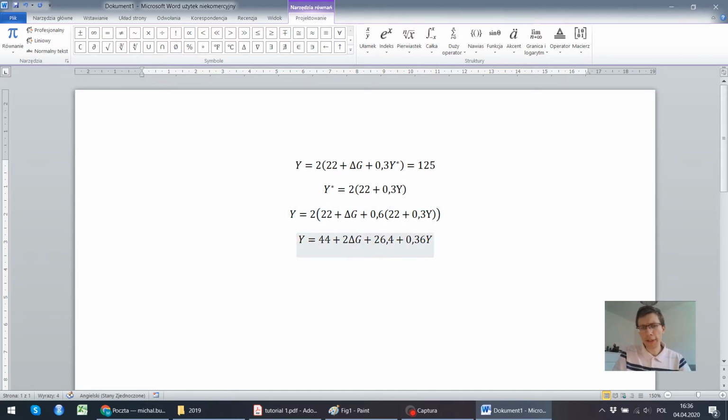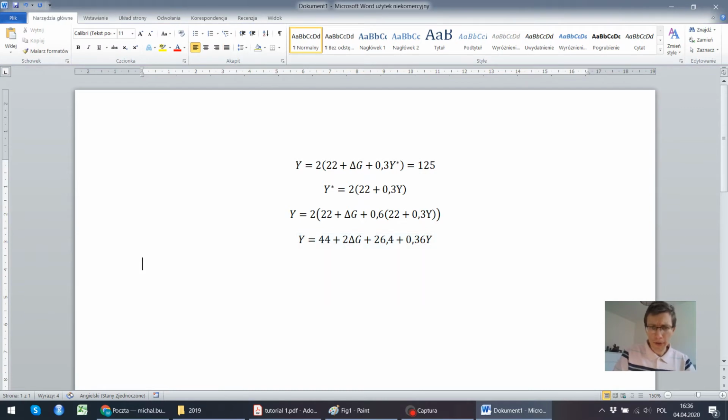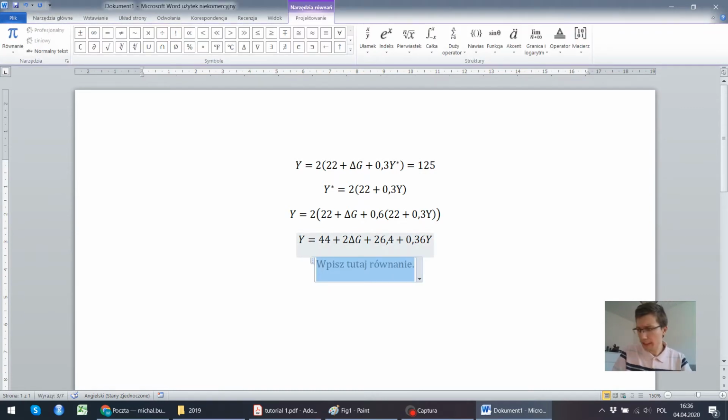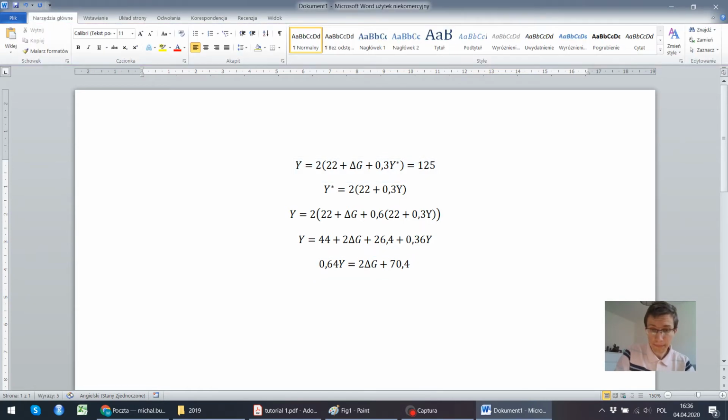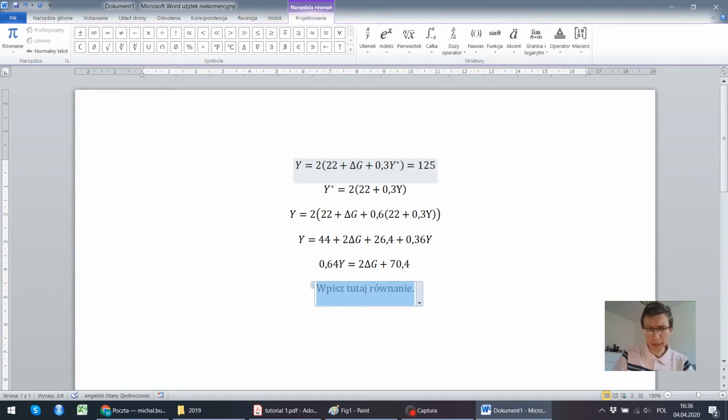All right, so we are already in a very good spot, because what we do now is we put y's on the left hand side, so we get 0.64 y on the left hand side. This is equal to 2 delta G plus 70.4. Correct. Okay, but we know the value of y, the equilibrium y that the country is achieving through the fiscal policy, and it is equal to 125.